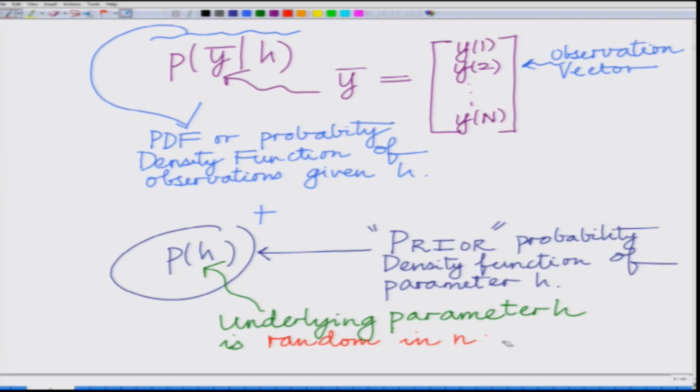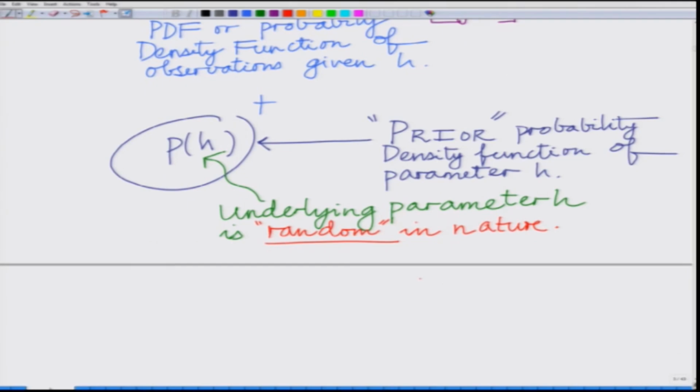This is important to realize, because this is what distinguishes the Bayesian framework from other similar frameworks.